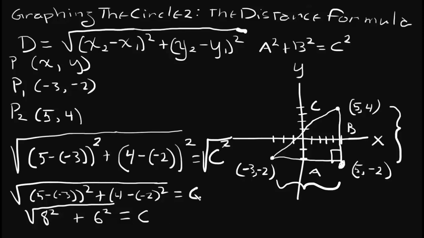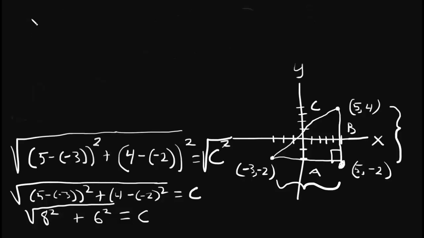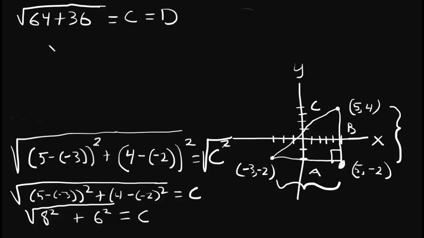And let's clear a little bit more real estate up here. Now, when we do the squaring, which is required underneath this bracket, we get 8 squared, which is 64, and 6 squared, which is 36. And that's going to be equal to c, which is the distance between the 2 points.